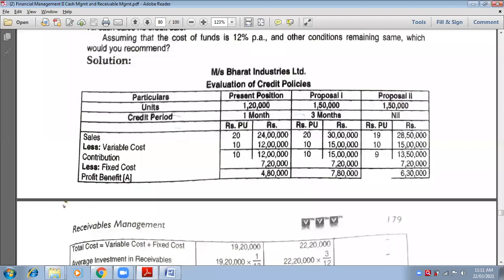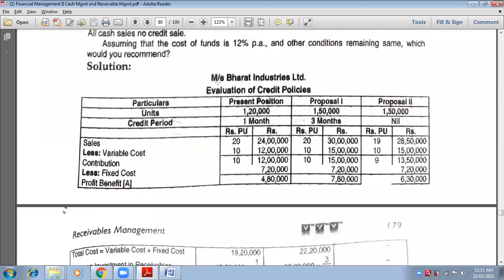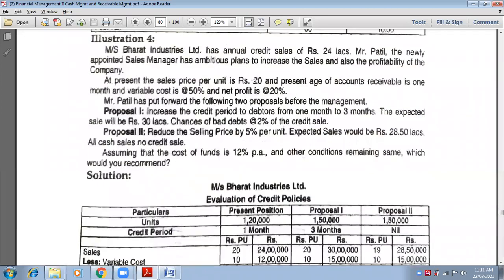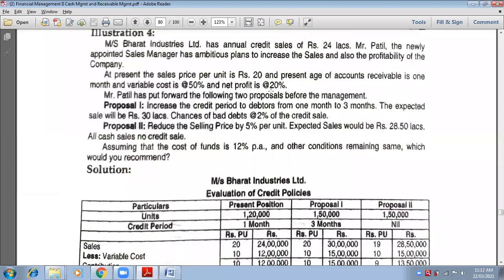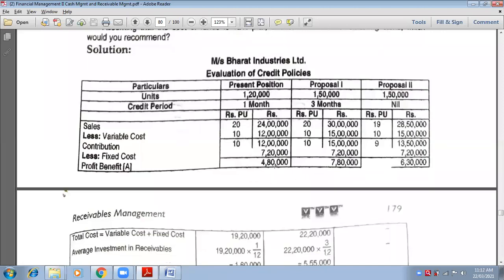Same way, net profit of 20% is given only for the present situation. So for the present situation, present sales is 24 lakhs, and 24 lakhs into 20% gives net profit of 4 lakh 80.